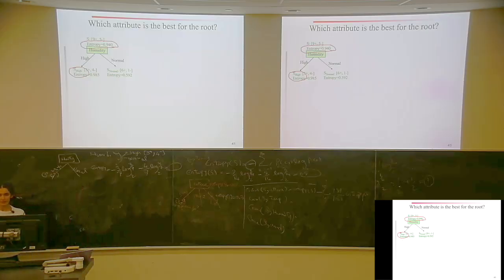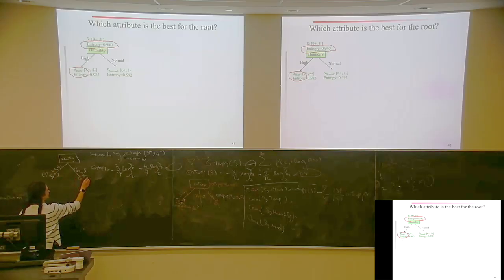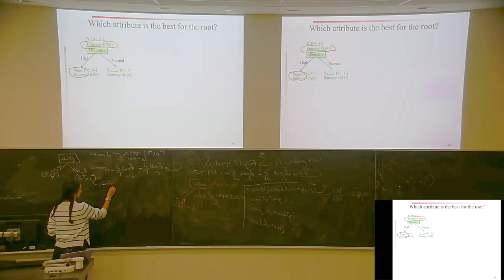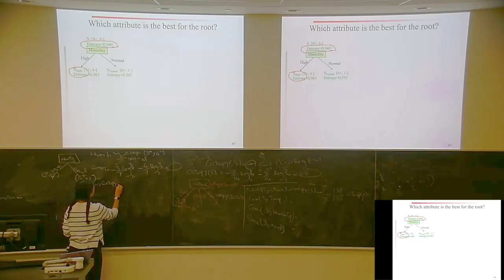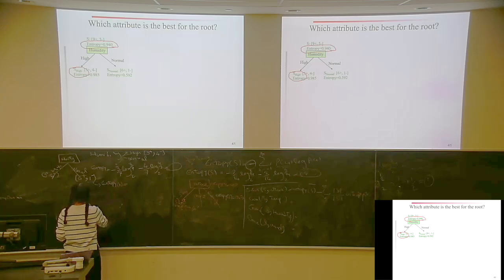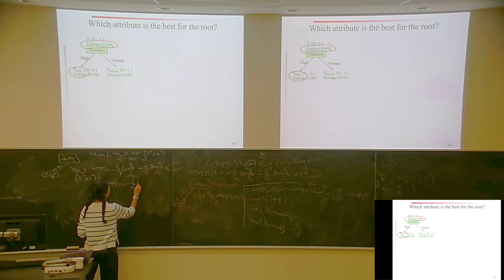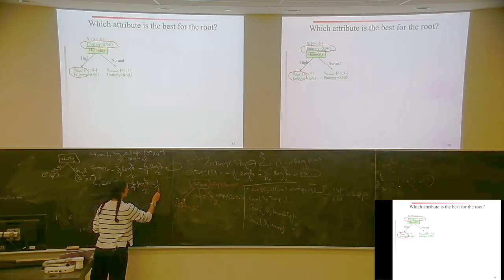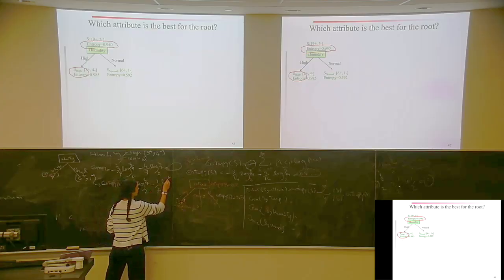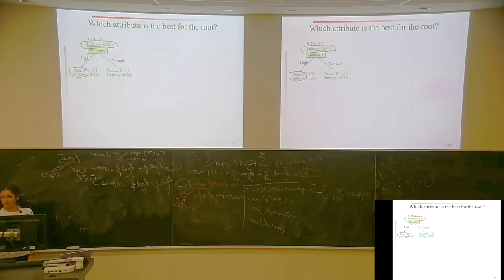Out of those 7 days, if you check your training set, and I'm not going back to the training set again, but please check it yourself, 6 of them belong to class yes, 1 belongs to class no. So the entropy for this branch, for this subset, would be minus 6 over 7 log of 6 over 7, minus 1 over 7 log of 1 over 7, right? And this gives you this number here.